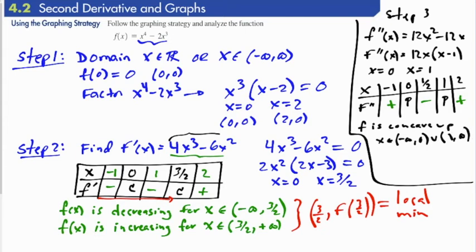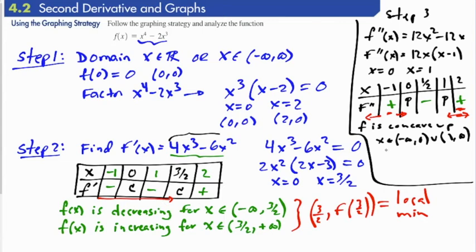And I'm just looking at where I have pluses for my concavity, and I look at the left side of my plus. The left side of that first plus is -infinity. The right side of that first plus is 0. And that's how I got the first parenthesis for the interval. And then I find my next plus sign. I look to the left of that. I see the partition number is 1. And to the right of that, we go to +infinity.